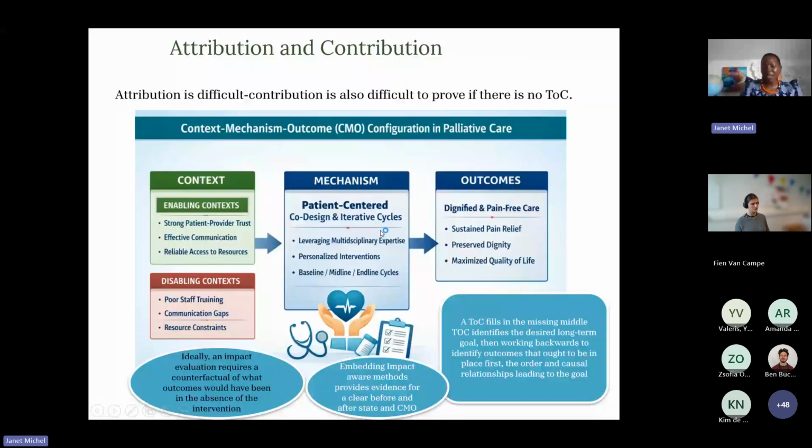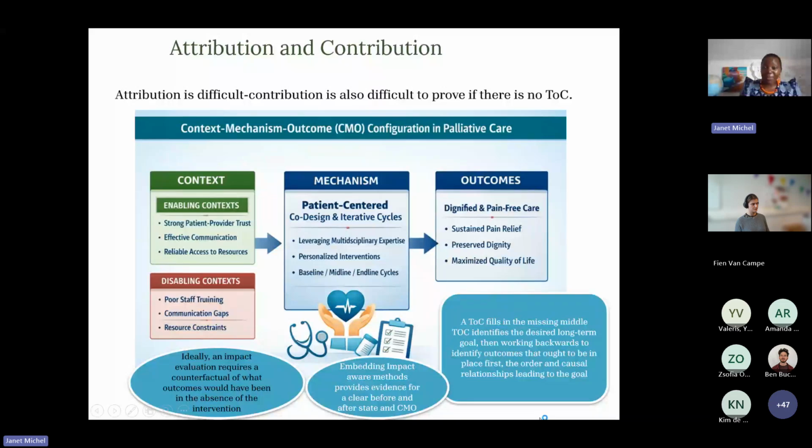And that way you develop that theory of change. So whether we want to say this is attribution, that this intervention solely led to those outcomes, you need a theory of change. If we want to say this intervention contributed to these outcomes, you still need a theory of change. Ideally, if you have an intervention and you want to demonstrate impact, you need to have a counterfactual.